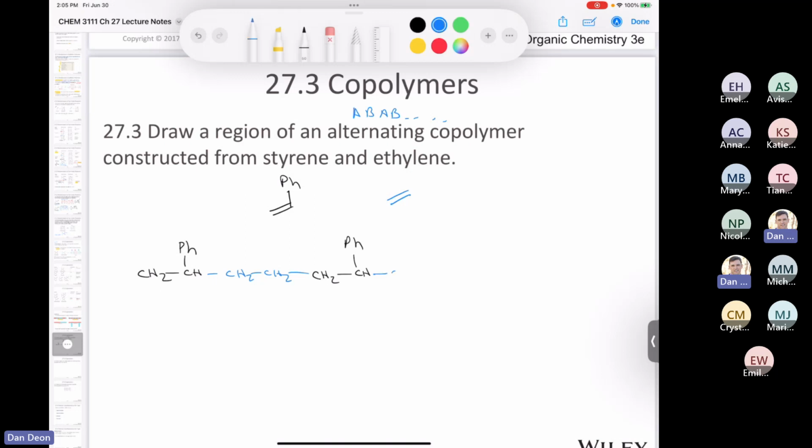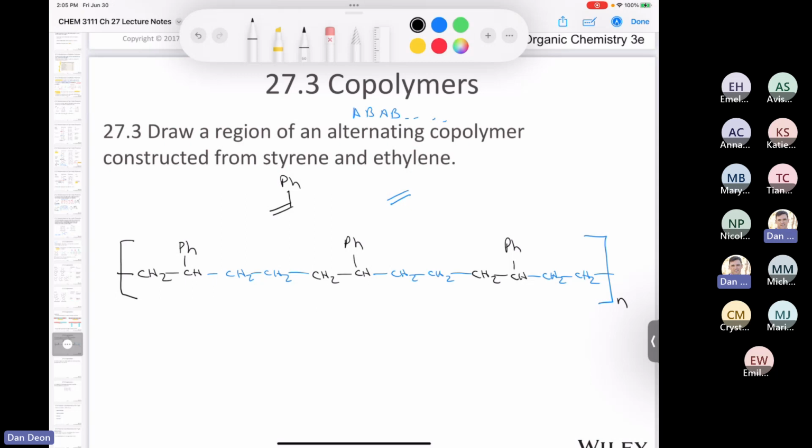Then we're going to attach another styrene like this. We'll do two more. Okay, so then we've got a styrene, this, and then we've got an ethylene like that. And then if you put the whole thing in square brackets, comme ça, as we say in French, there you go. That would be an alternating copolymer. Does that make sense to everybody?